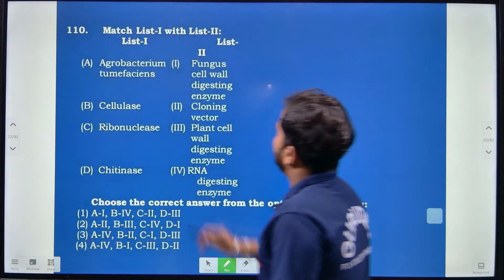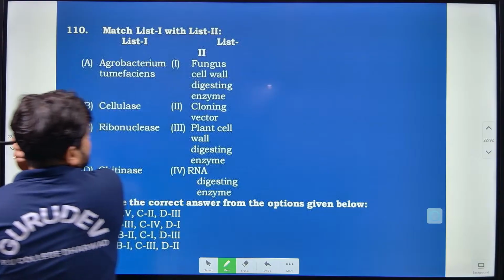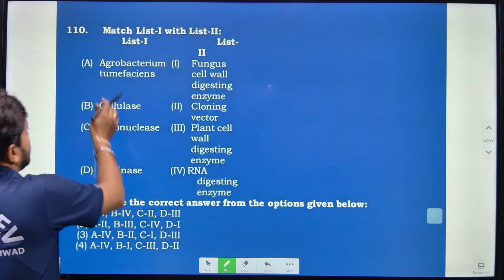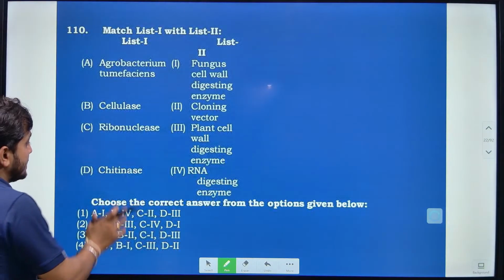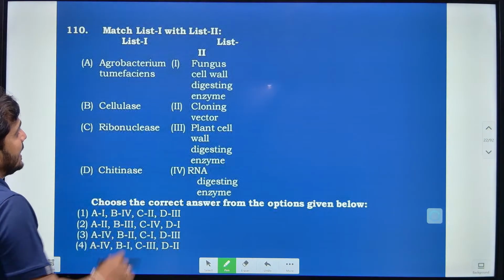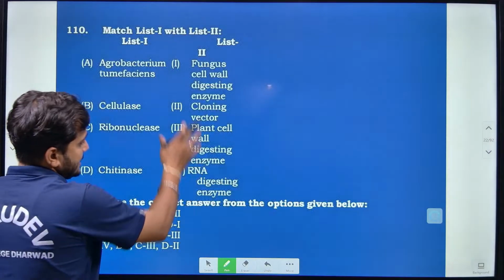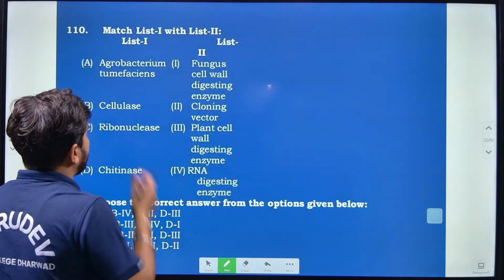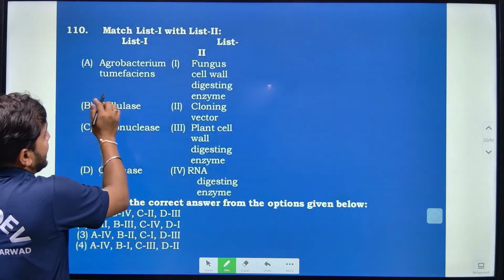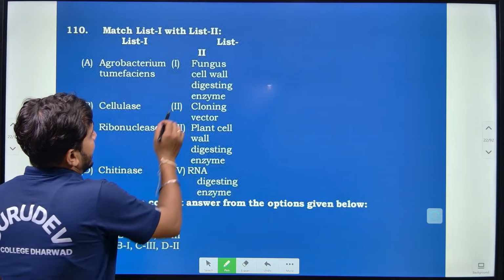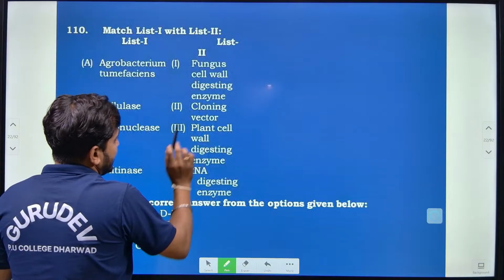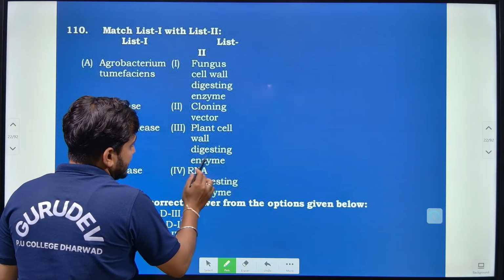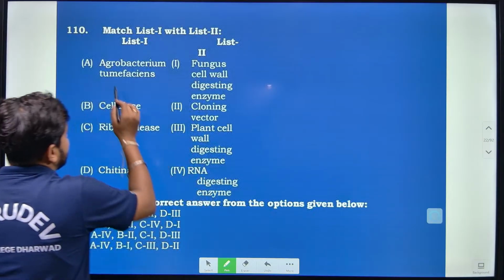Then match the columns, list 1 and list 2, they have given. They have given Agrobacterium tumefaciens, cellulase, ribonucleases, and chitinases. And here they have given plant cell wall digestion. So these are all digestive forms they are saying. Agrobacterium tumefaciens is not a fungus cell wall digesting enzyme; it's a cloning vector. Then there is a plant cell wall digesting enzyme and an RNA digesting enzyme.